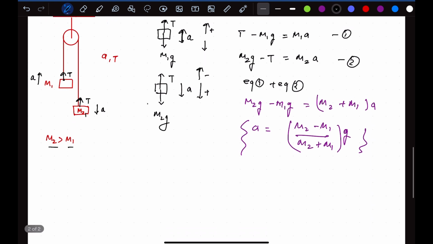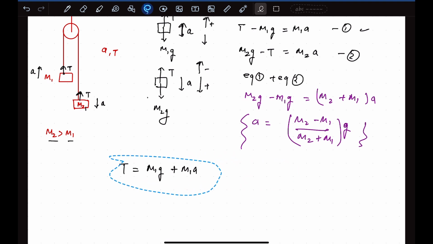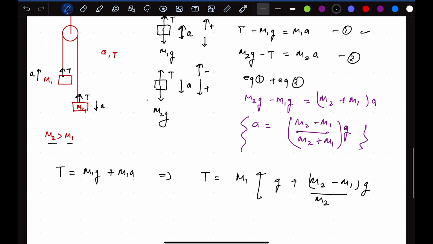Using the acceleration we can also find the tension. Let's put the value of acceleration in the first equation. T equals m1g plus m1a. Taking m1 common, T equals m1 times g plus m2 minus m1 times g divided by m2 plus m1.